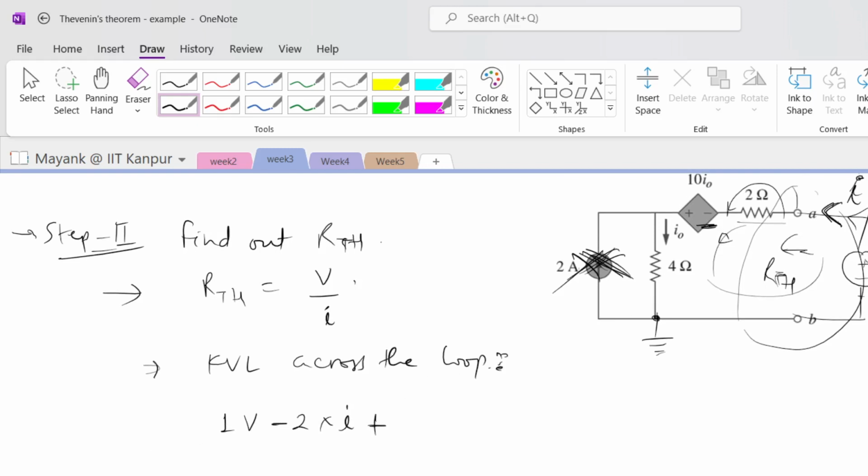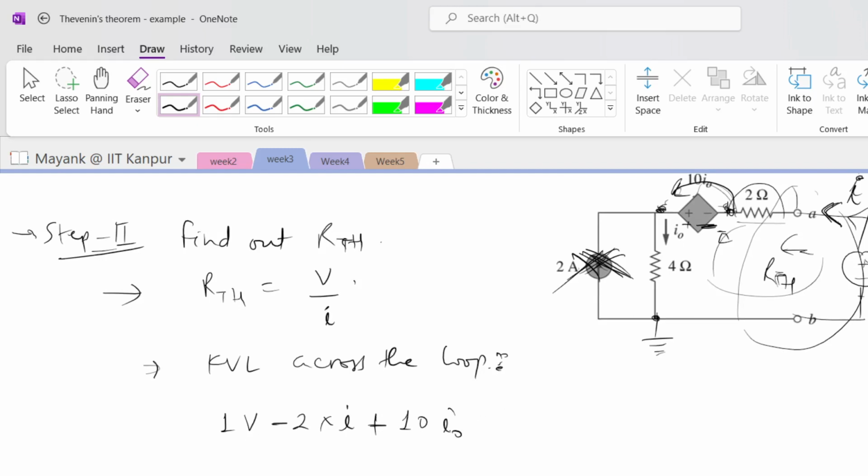You see that this voltage here is greater than this voltage, that this node is greater than this node, right? So while going from here to here, we have a voltage increase, isn't it? The potential is increasing when we go from this node to this node. And what is that potential increase given by? It is equal to 10 times I naught, right? And what is I naught equal to?